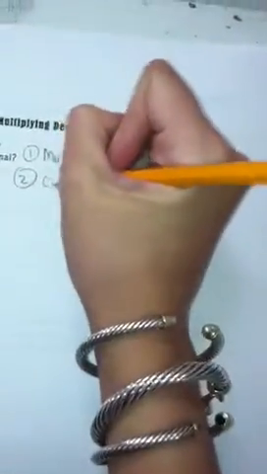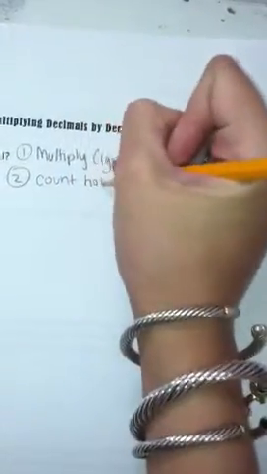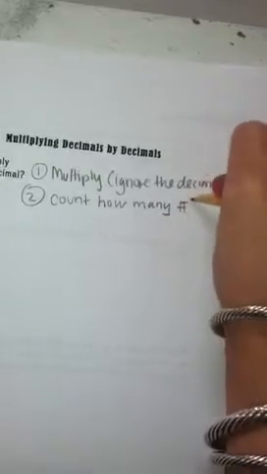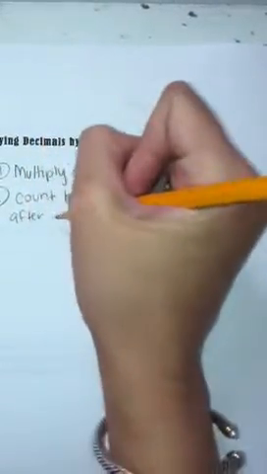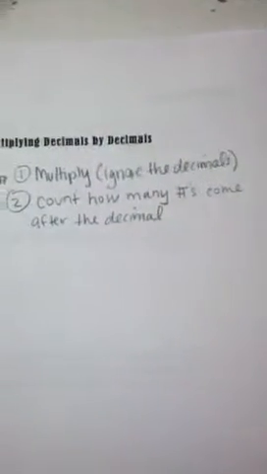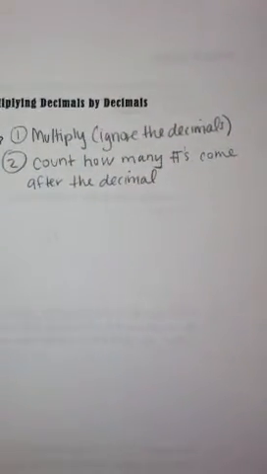is going to be to count how many numbers come after the decimal. Just like we did when we multiplied decimals by whole numbers.